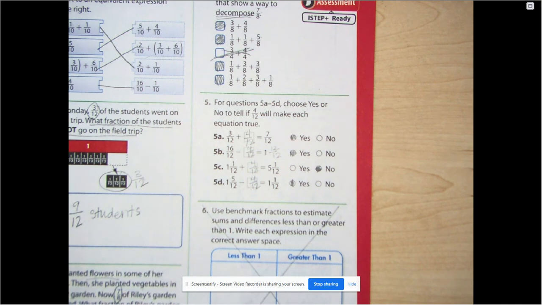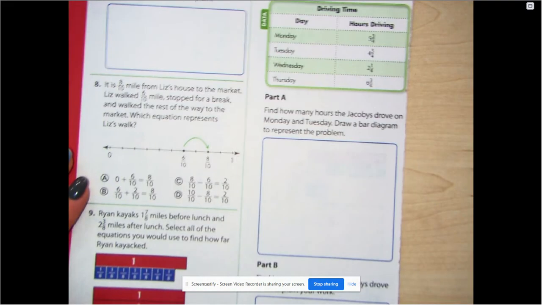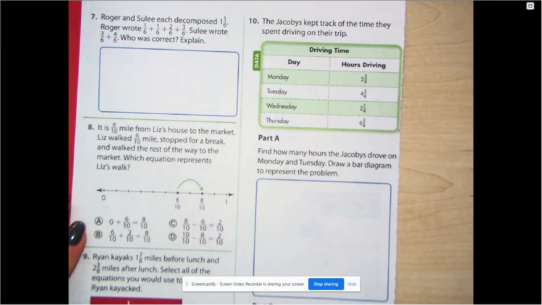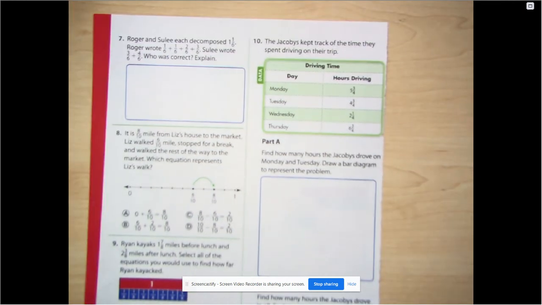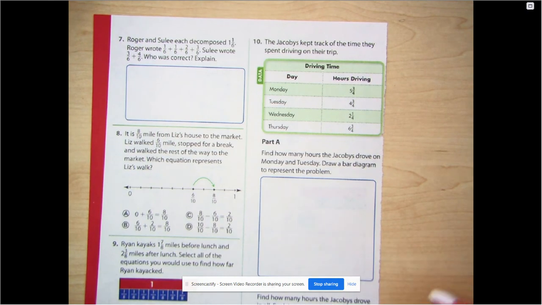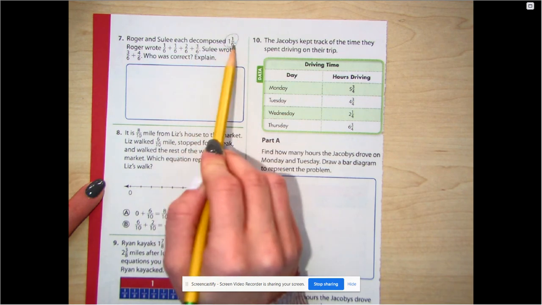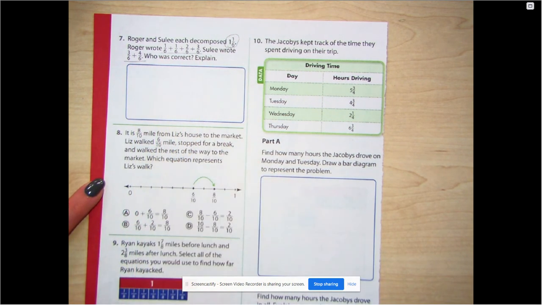So once you have finished the front side, I would like you to start working on the back side the best that you can. And then I'm going to talk you through the back side real quick just to give you a few extra instructions. And then we will go over it. Okay, on the back side, they're saying that they decomposed 1 and 1/6 by doing it this way and this way. Who was correct? And tell me why. Explain.